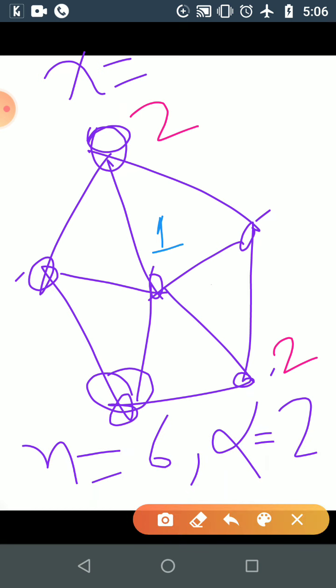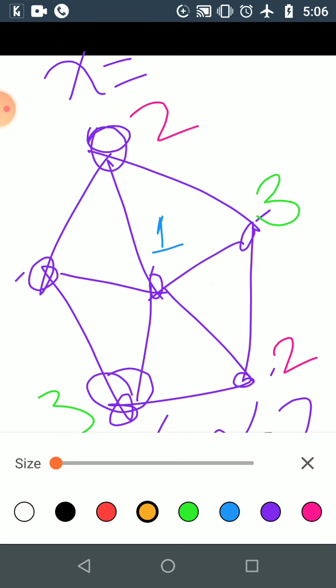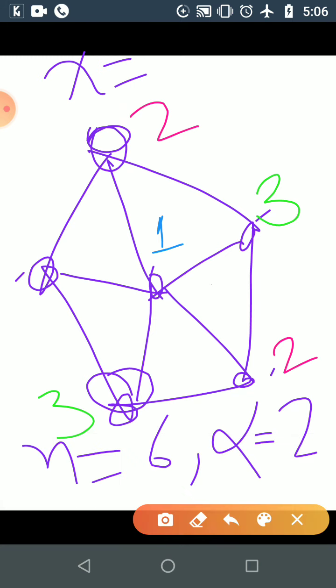Next you can take color number 3, correct. Here it can't be colored by color number 3, so here some different color you need to choose. This vertex is adjacent with 1, with 2, with 3, so you need to choose a different color. So here color number 4.